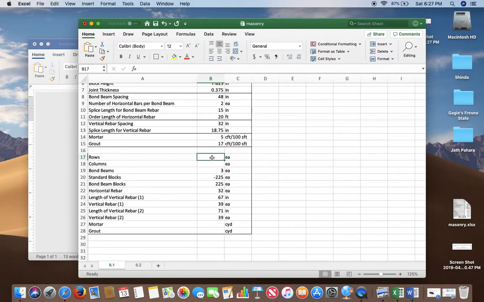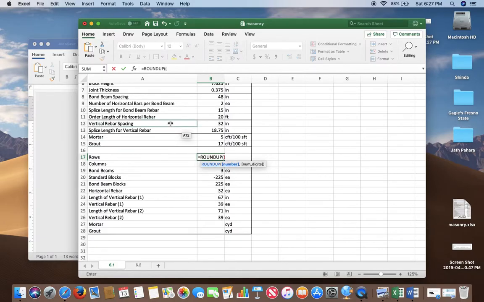So what we're going to do is plug in the formula for this one. Insert a formula, hit equal, type in ROUNDUP, and then double parentheses.